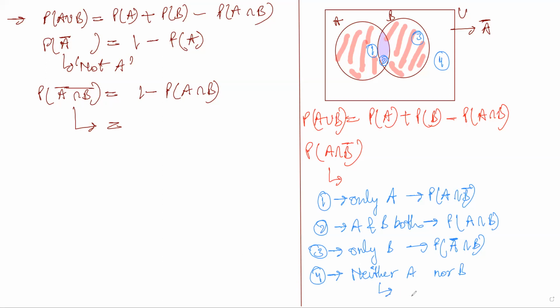Not A, not B. Probability of A complement intersection B complement. Correct. Very good.